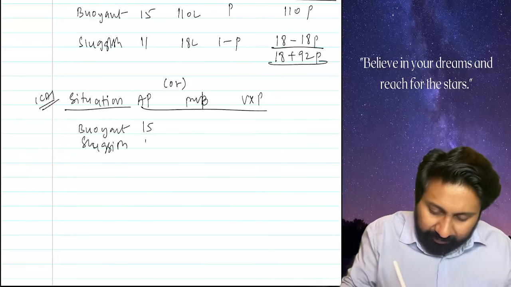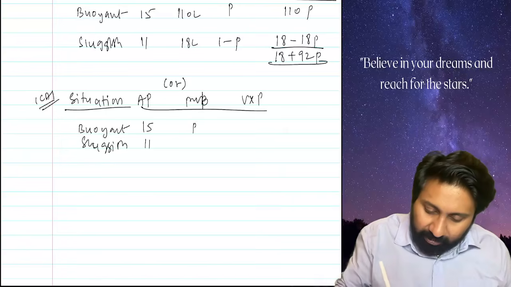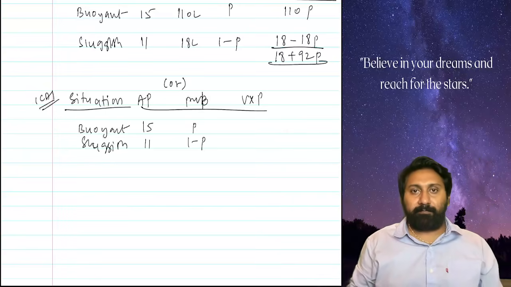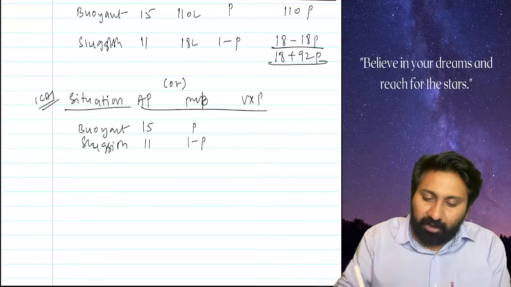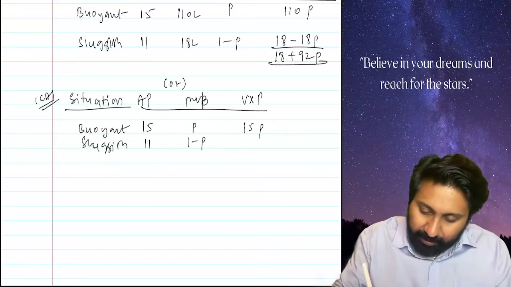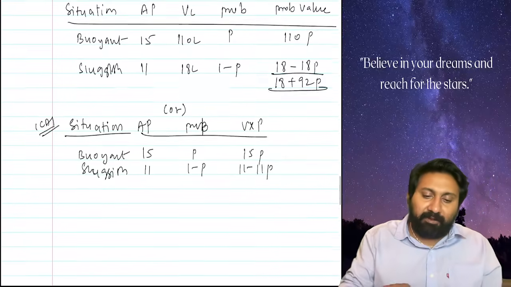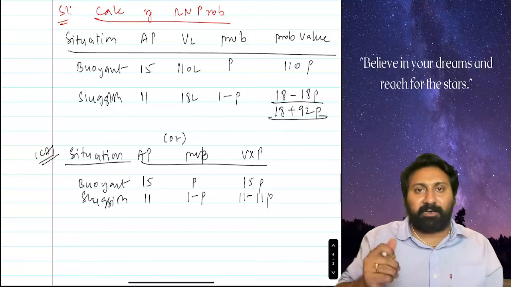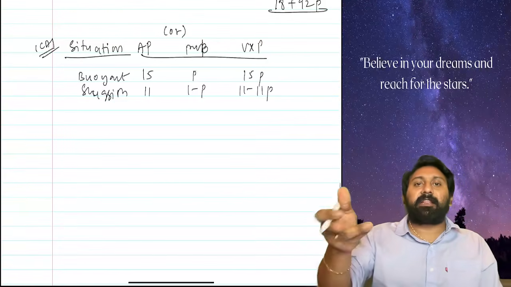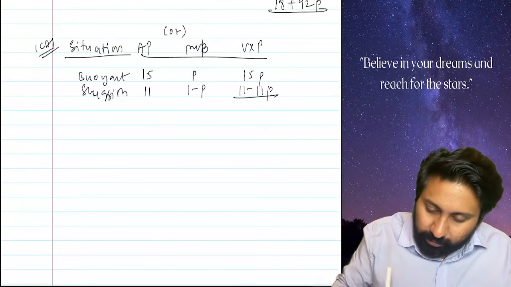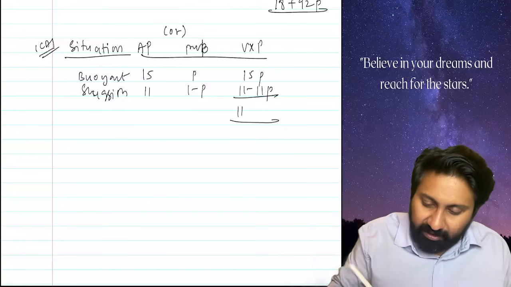Actual price will be 15, 11. This is the same. I will call it P and 1 minus P. Next, what is the value into probability? 15P, 11 minus 11P. Numbers will change, that's all. Anyway, for 11 and 15, the corresponding number is 110 only. Instead of taking that, they will take it like this. So tell me, how much is the answer? 11.